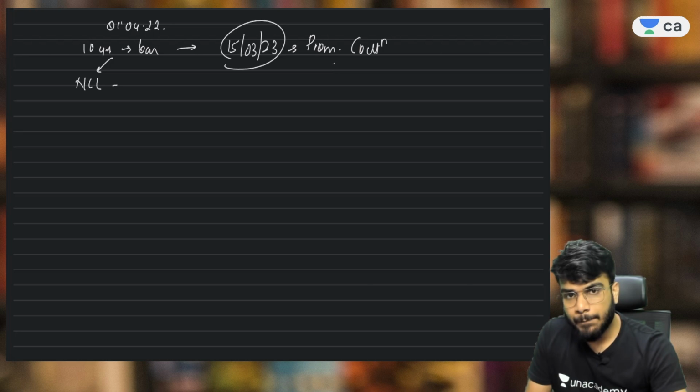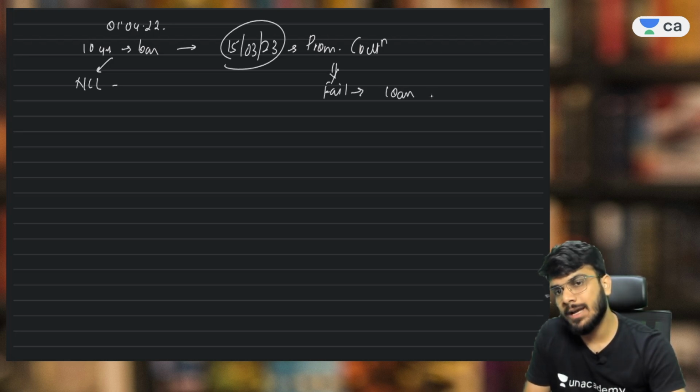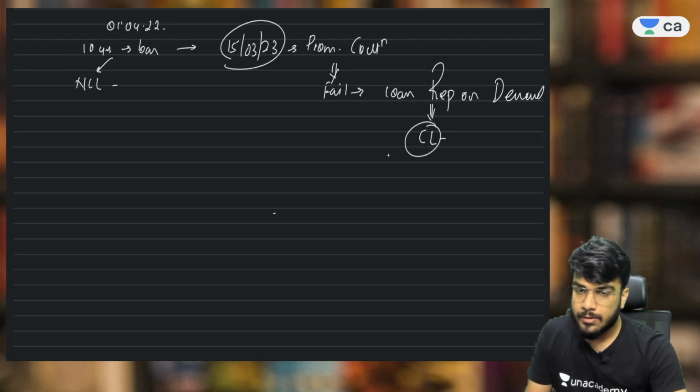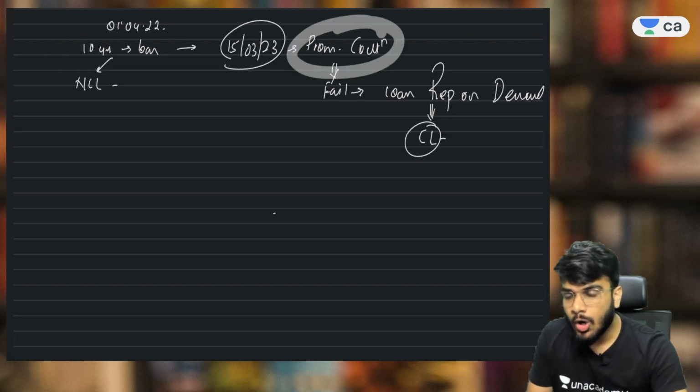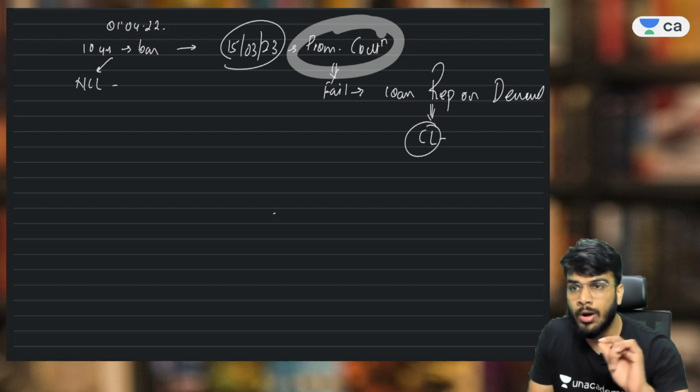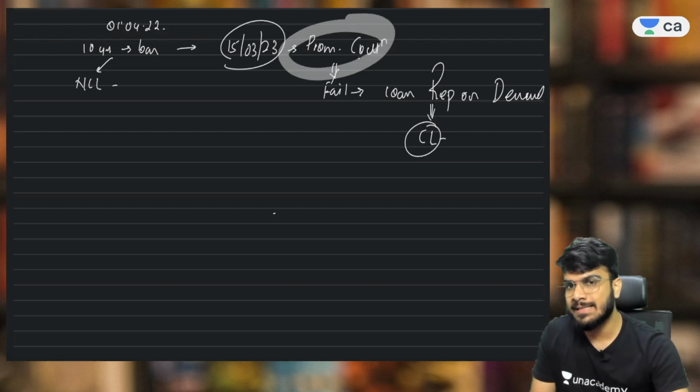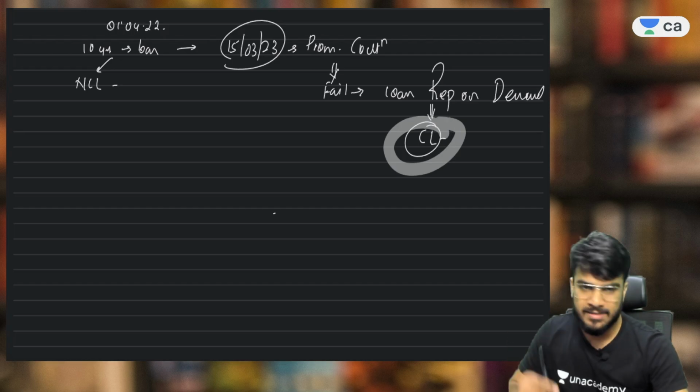If the promoters fail to comply with this, the loan becomes repayable on demand, right? That means in short, the loan will be classified as current, right? So if you do not fulfill this condition, this will be called a breach, right? So if the company breaches this condition, the loan should be classified as current.